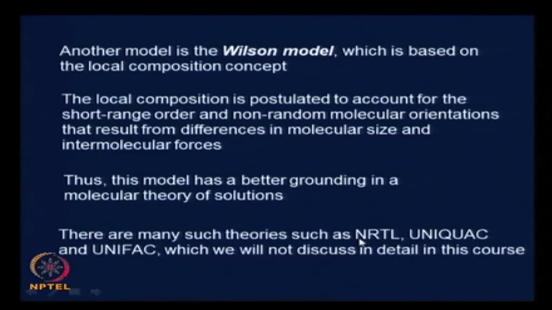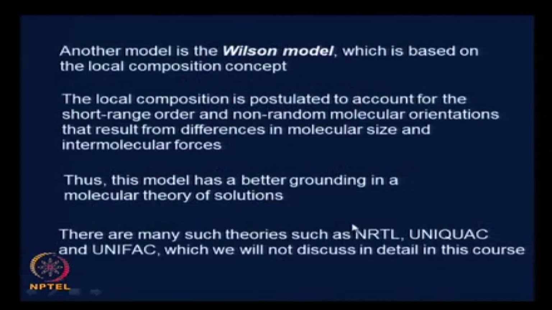You can then use them for estimating activity coefficients. As long as you know that there are models called NRTL, UNIQUAC, UNIFAC, and probably others too, which can be used for estimating activity coefficients, that is good enough for this particular course. But for now, let us look at the details of the Wilson model.